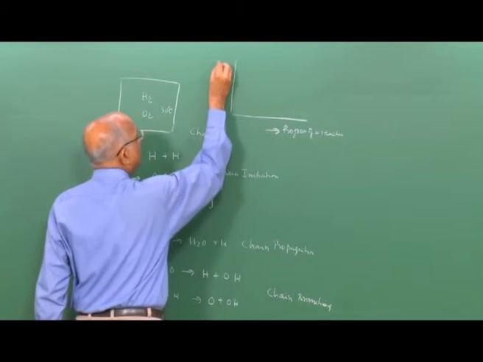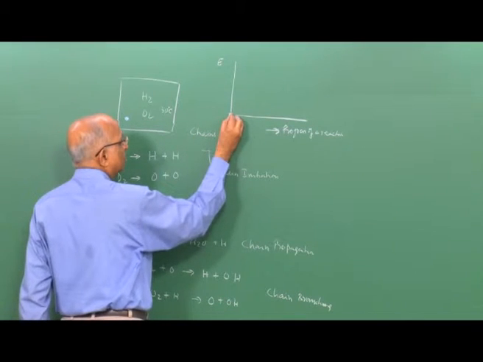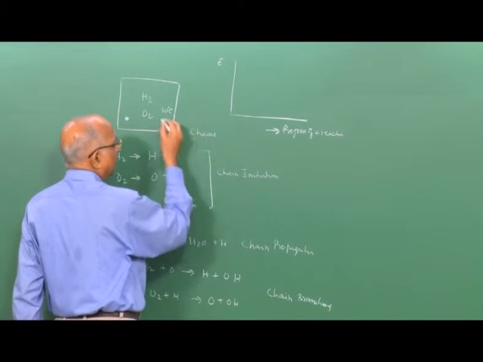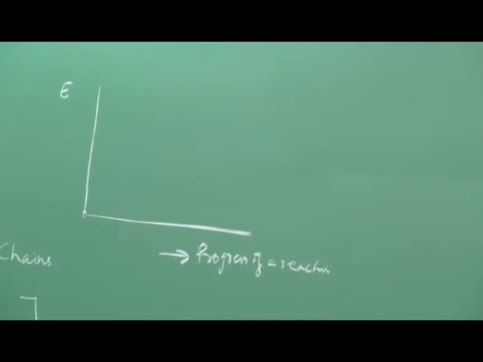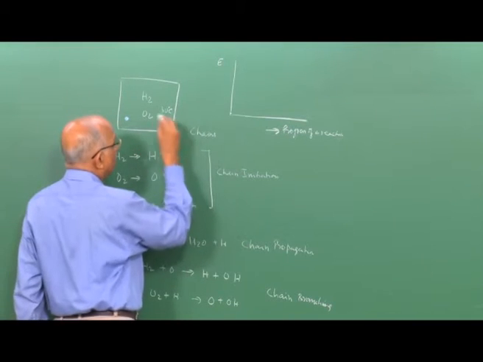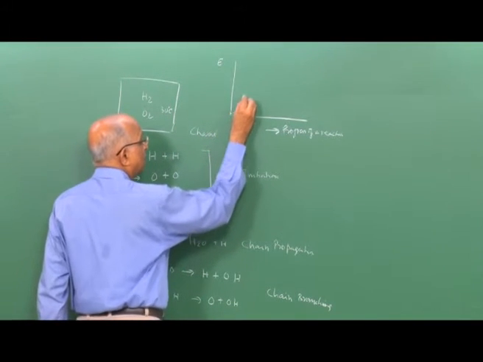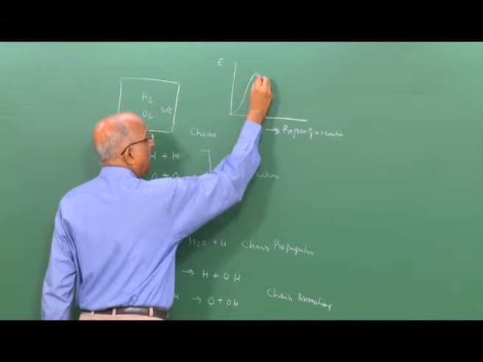We said that the energy could be plotted on the y axis. Initially hydrogen and oxygen at 25 degrees is at almost 0, at 30 degrees the energy content is over here. I want to initiate the reaction, therefore, I put some energy, it gives some activation energy, takes it up to a transient stage over here, and then what happens?